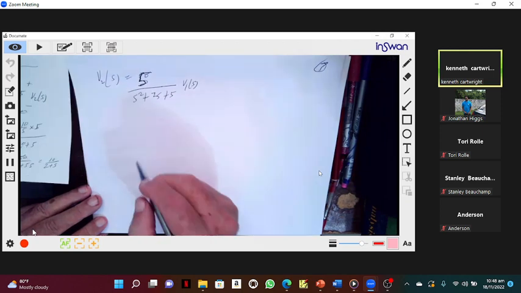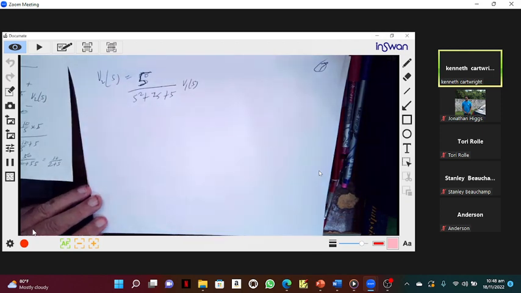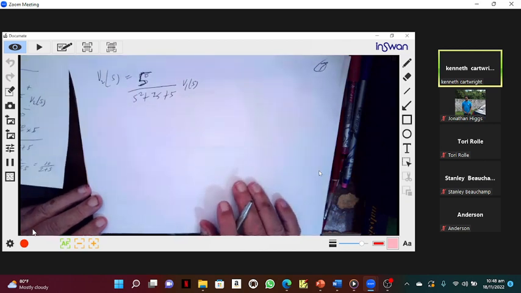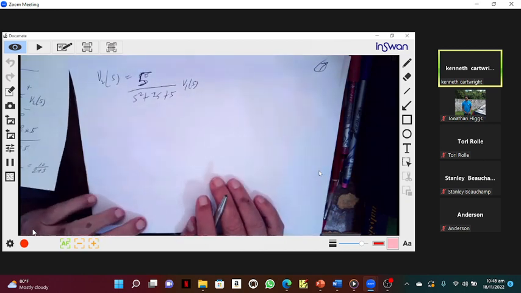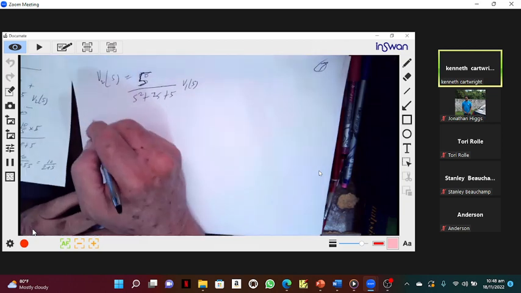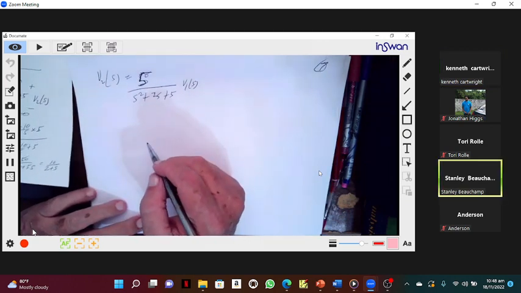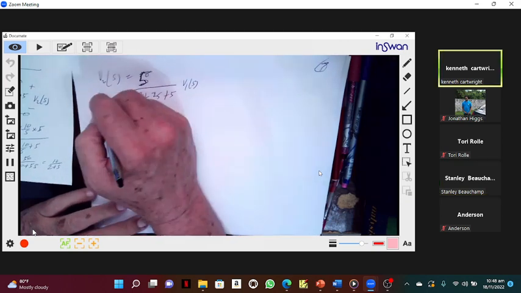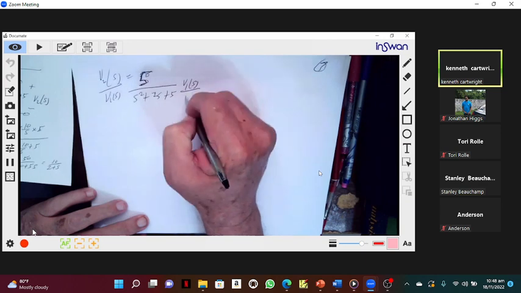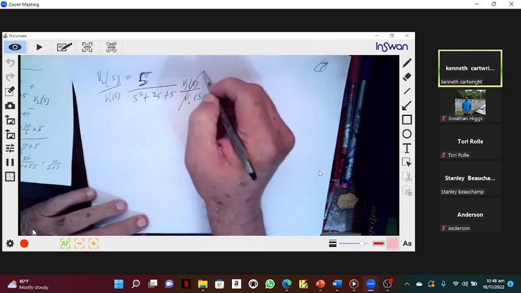So what's the transfer function then? The transfer function is the same answer you got divided by V1 of S. So this is V1 of S, divided by V1 of S. That cancels.